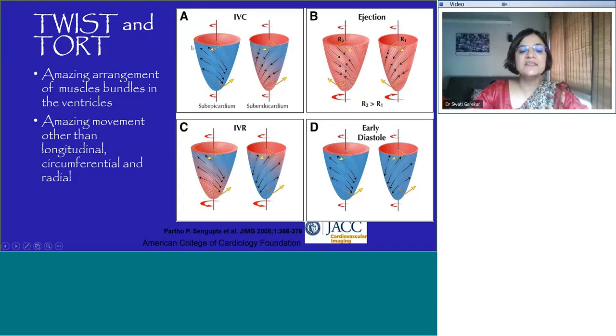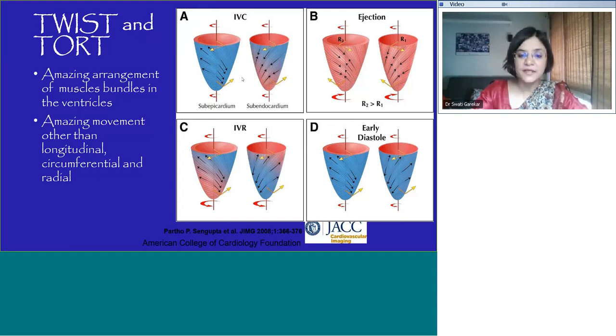So this twisting and torsion happens because of different direction of muscle movement in apex versus the base, also the subepicardial layer of muscle versus the subendocardial. This is happening in contraction. What's happening in relaxation is that it untwists, and that, you can imagine, creates a powerful suction effect.